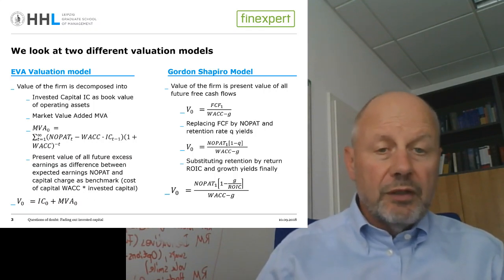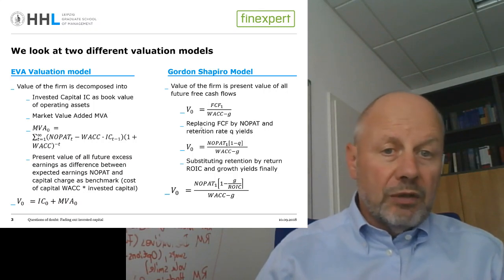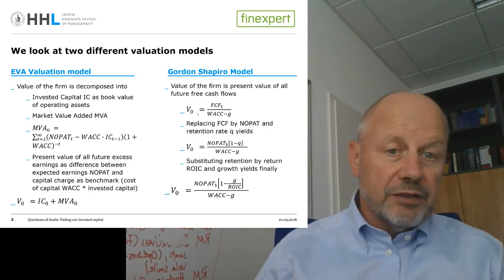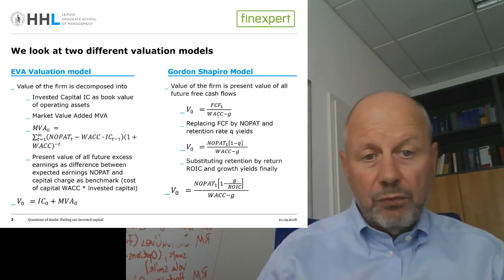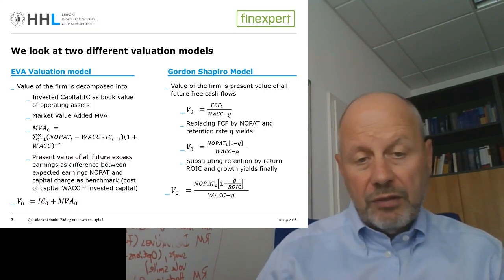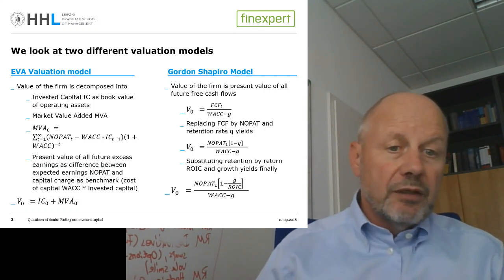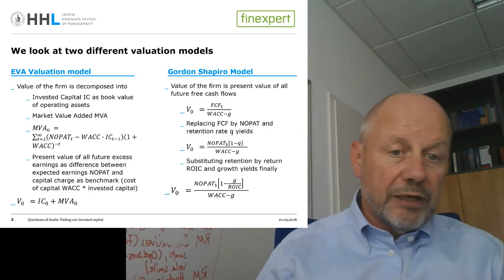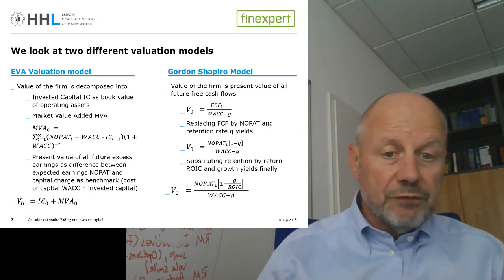On the other hand, we have our well-known Gordon-Shapiro model, where our terminal value is the free cash flow in the first period divided by the difference between the WACC and the constant growth rate to infinity. If we replace the free cash flow by NOPAT times (1 minus the retention rate), we get this version here.